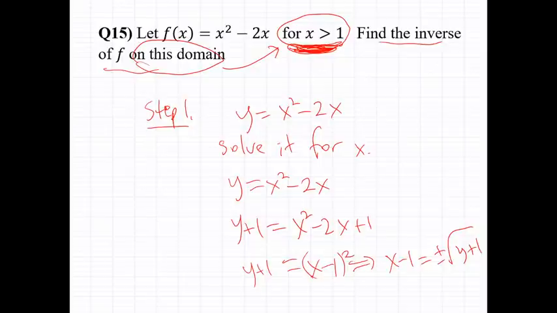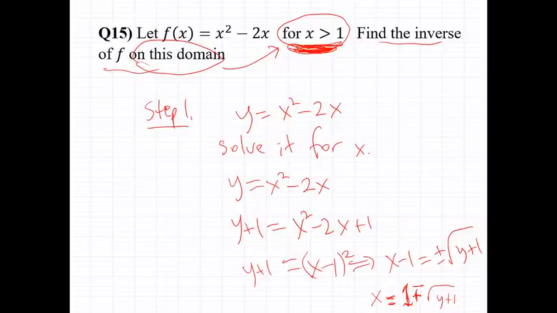The question here is, from here we get two values: 1 plus square root y plus 1, or 1 minus square root y plus 1. Then you have to choose one of them. Otherwise, this will not be a function. One x cannot go to 2 y values, or one y value cannot go to 2 x values if there's an inverse.